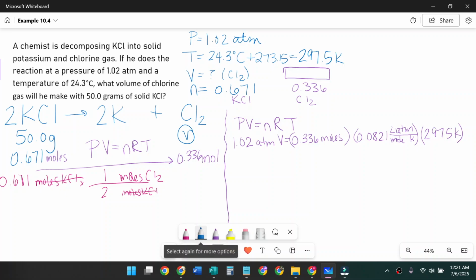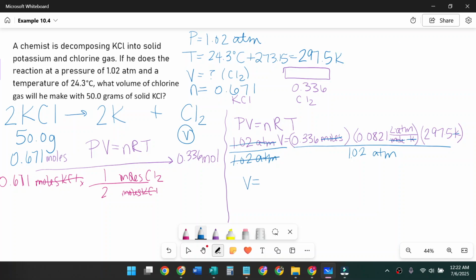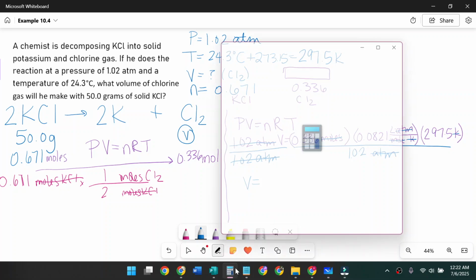Alright, what can we get rid of? We have a unit here that can go away, and a unit here that can go away. And then we're going to have to divide both sides by this, so that the volume is left by itself, which means that this also can be canceled out. So now we just have to put everything in the calculator.